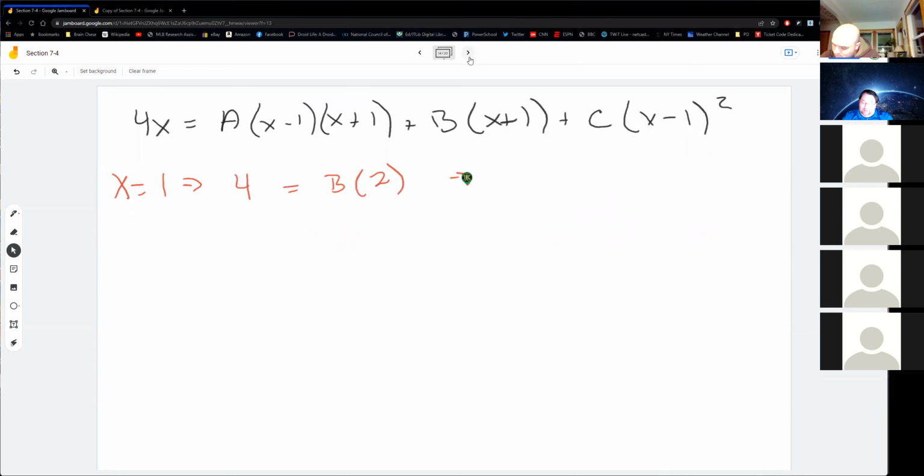So B equals 2. And then I can use -1 for the exact same thing because it's going to get rid of my x plus 1 terms. So I get -4 equals, the A is gone again, the B is gone, and C times -2 squared, which is 4. So C equals -1.